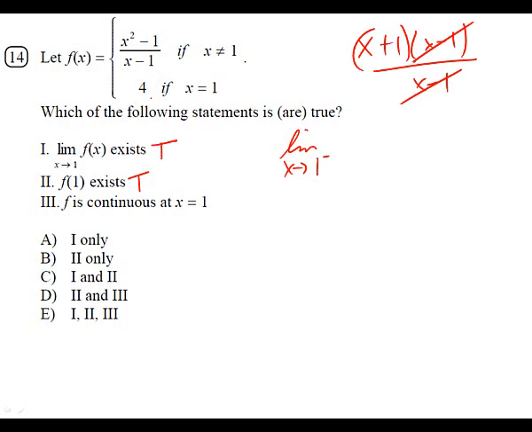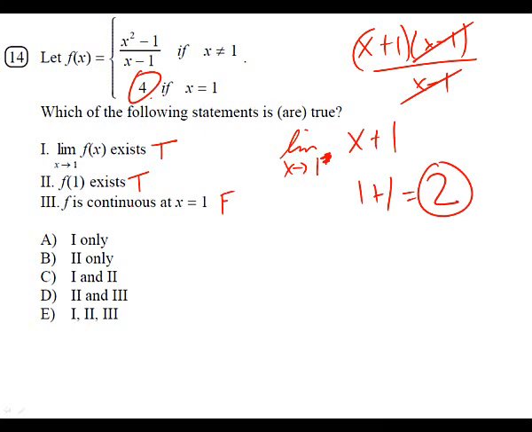As x approaches 1, what is the limit, not right or left? Limit as x approaches 1 of that is going to be what? 2. So is it continuous? This number and this number would have to be the same, and it's not. So it's false. So it's just got to be 1 and 2. So it should be C. Okay. All right. What else?